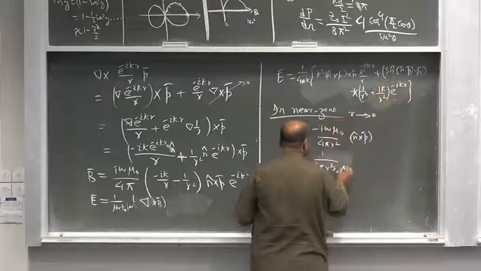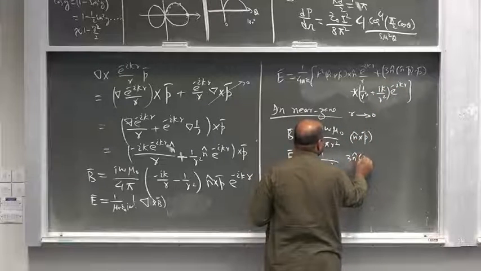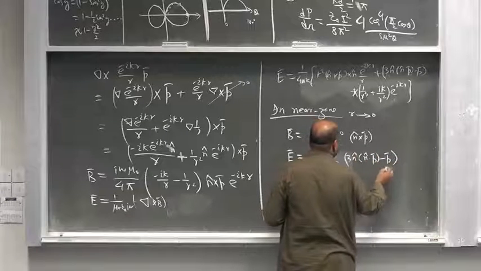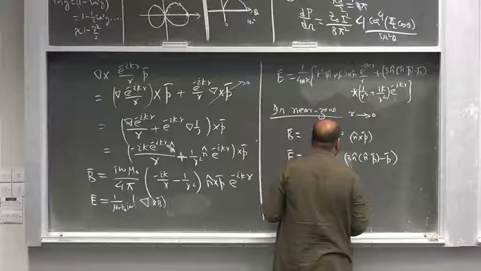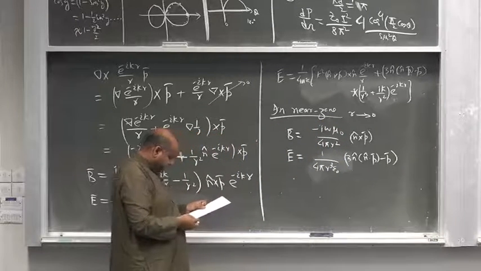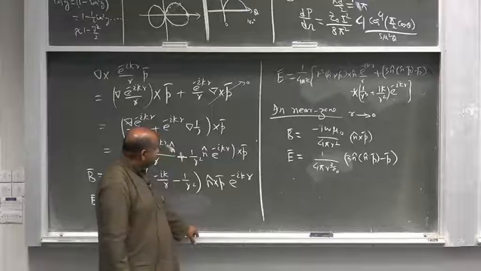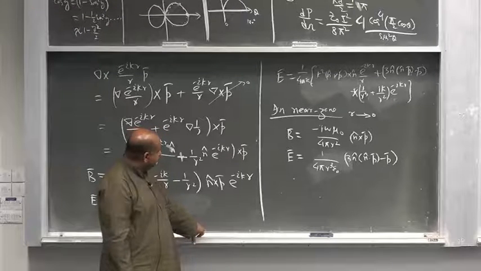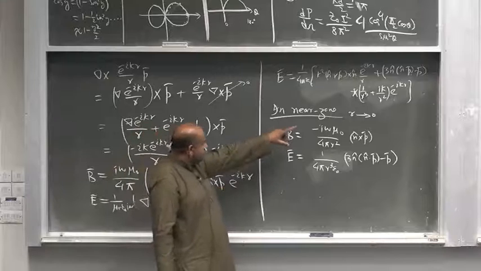So 3 n hat n dot p minus p. So ये रिजल्ट आ गया. तो इन द नियर जोन when r is 0.